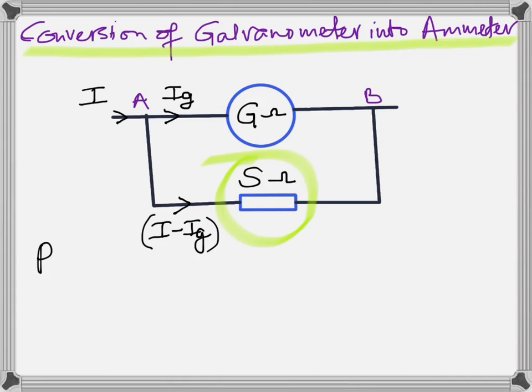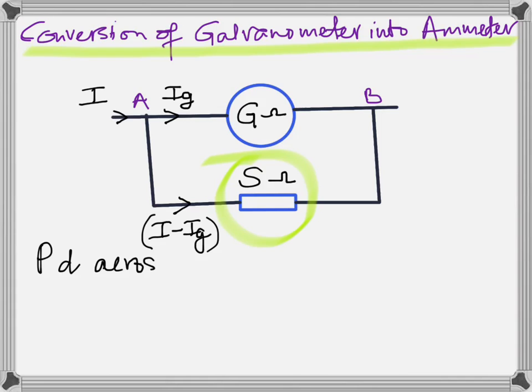Can you tell me the potential difference between A and B? How do you find the potential difference between A and B? What's the formula for potential difference? I times R. So can we do Ig times G? Or we can do I minus Ig times S. That's the end of the story. There you go.